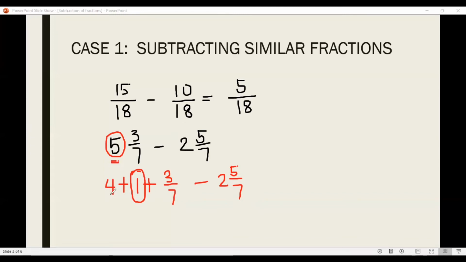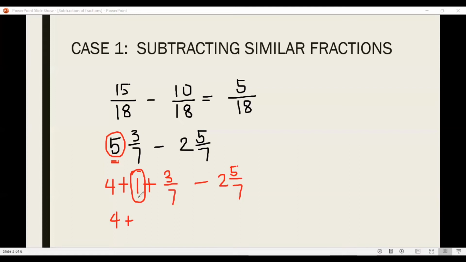This simply means that the 4 will stay, because that is the number which, when added to 1, will give us the 5.